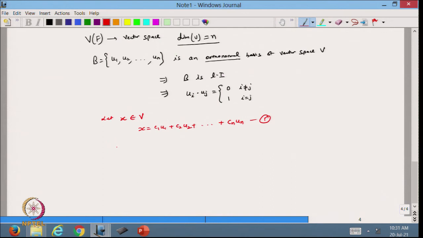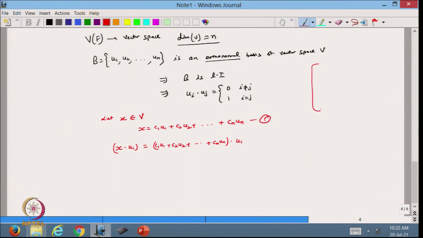So, I will take this vector x and its dot product with u1. So, it is the dot product of x with u1, where x is c1 u1, c2 u2, up to cn un.